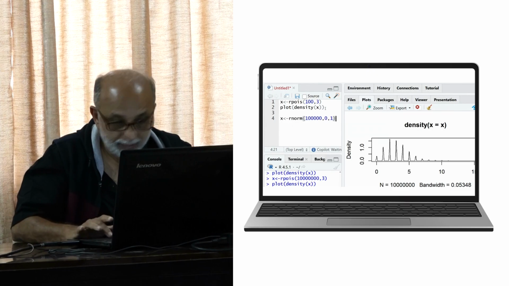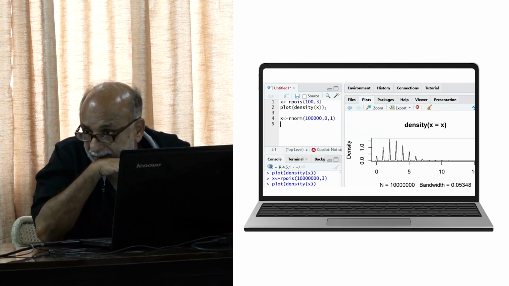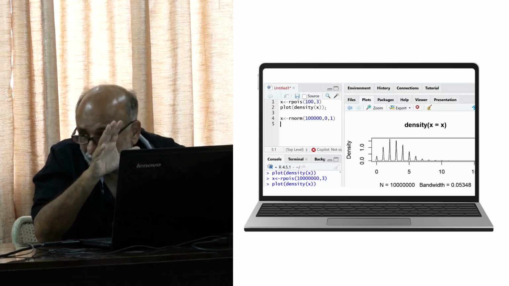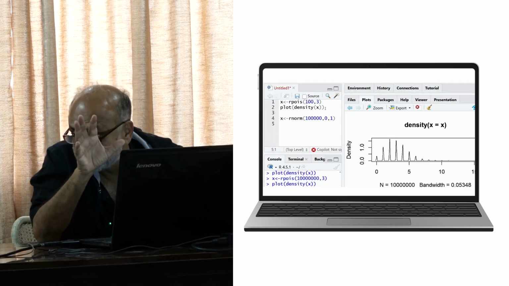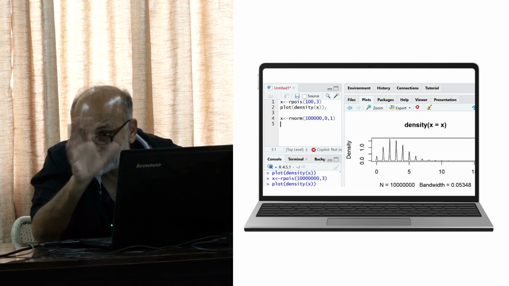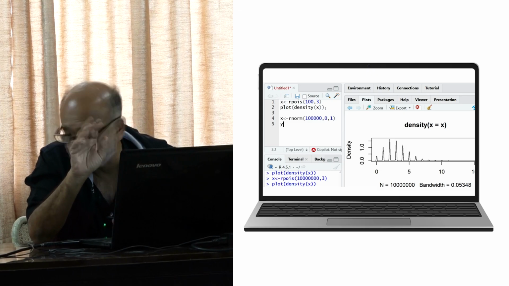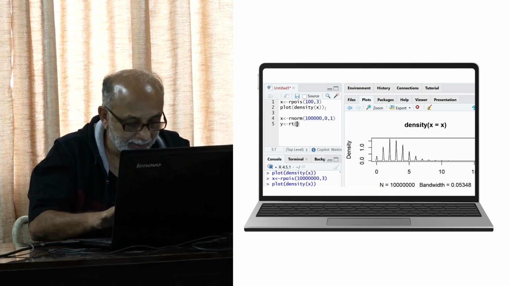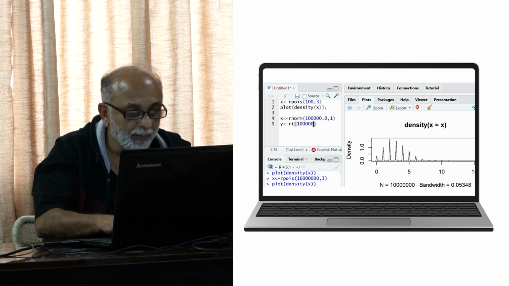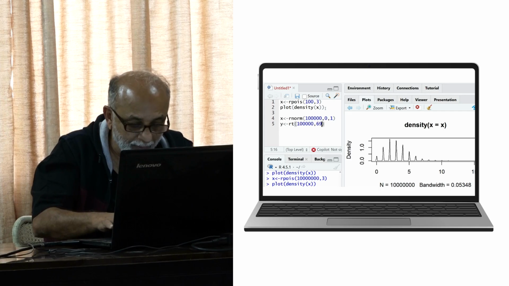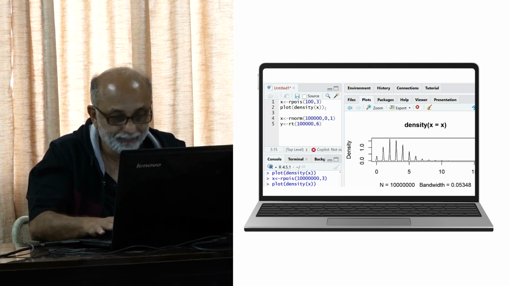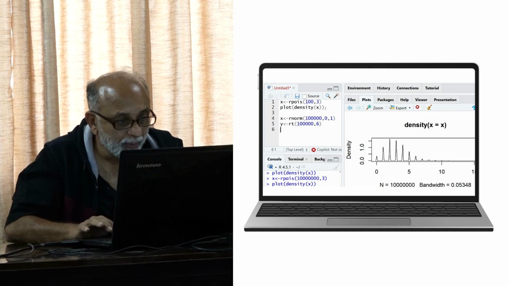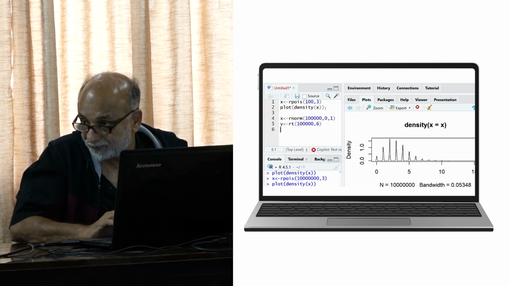This will generate 1 lakh values which are normally distributed, from a normal distribution with mean 0, standard deviation 1. Y is equal to rt, a random number from the T distribution. How many do you want? 1 lakh, but I want them to have only 6 degrees of freedom. And now I'm going to plot the two densities.